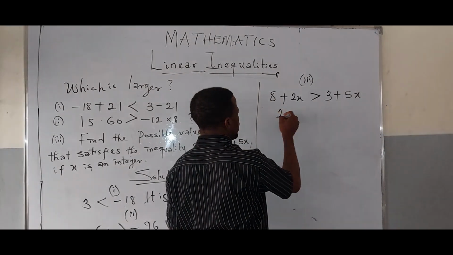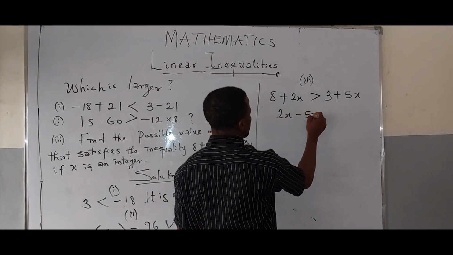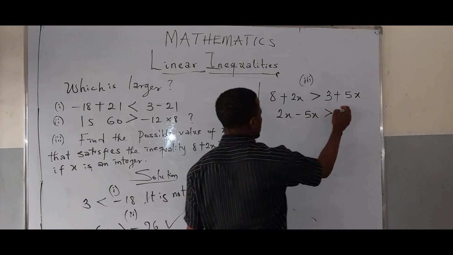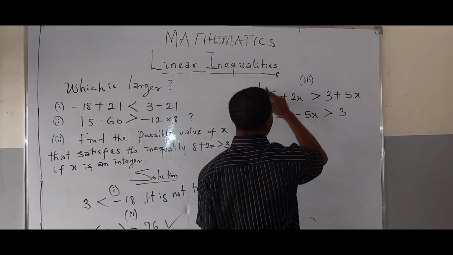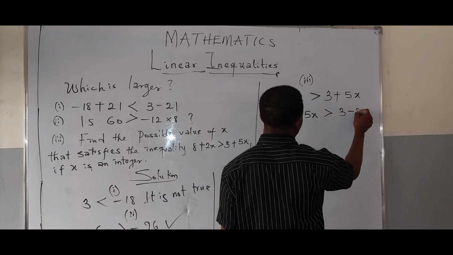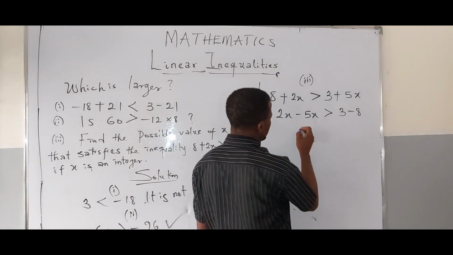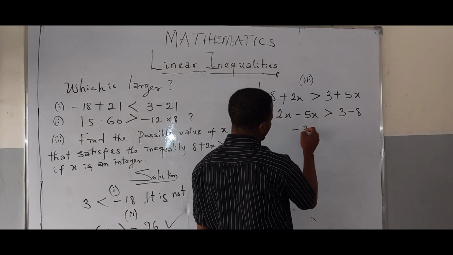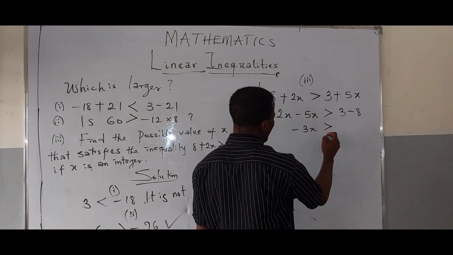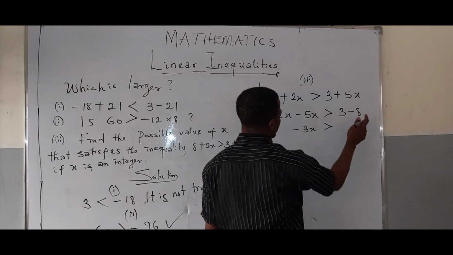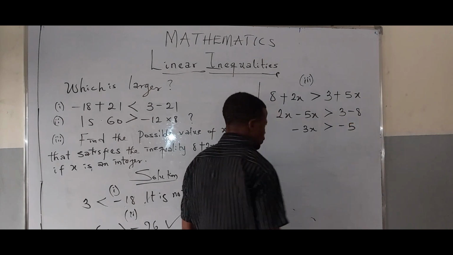So we have 2x minus 5x is greater than 3, and 8 comes here as minus 8. Then 2x minus 5x is minus 3x, which is greater than 3 minus 8, that is minus 5.